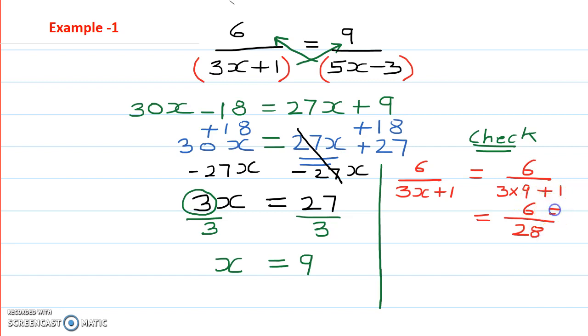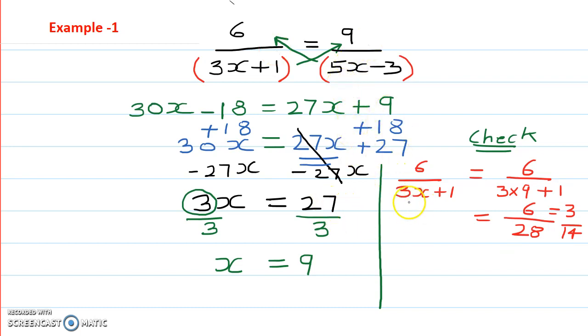If you simplify, half of 6 is 3 and half of 28 is 14. So you can leave it here. Our left part of this question is 3 over 14. Now let's quickly do the right part. The right part is 9 over 5x minus 3.